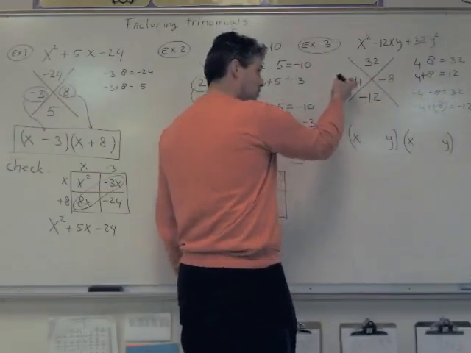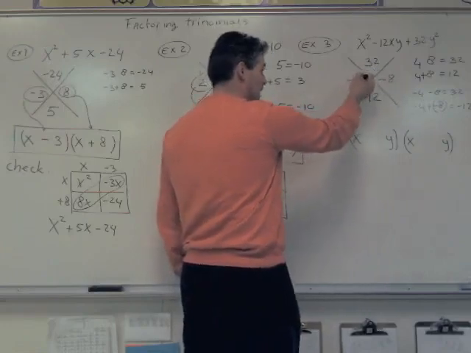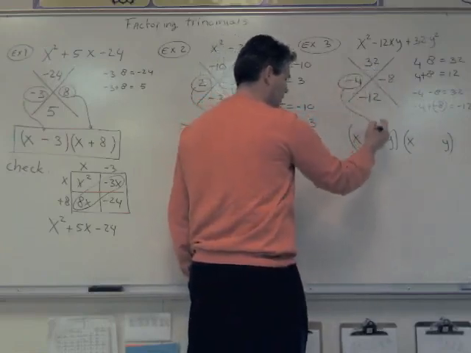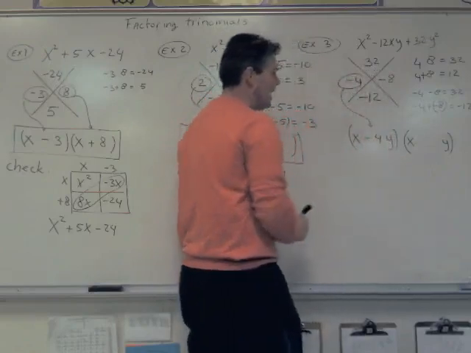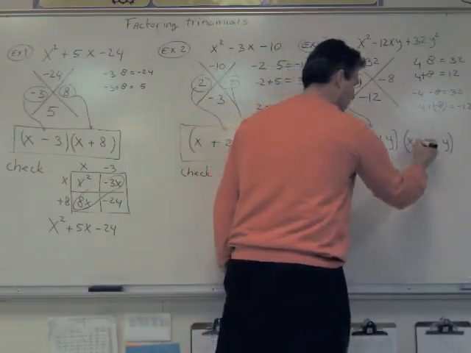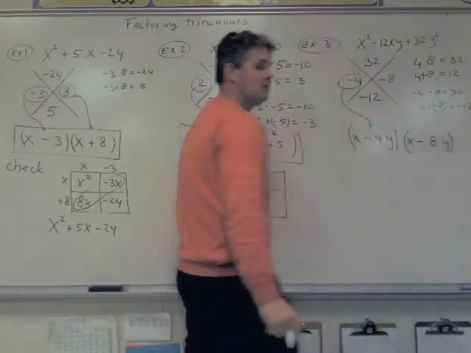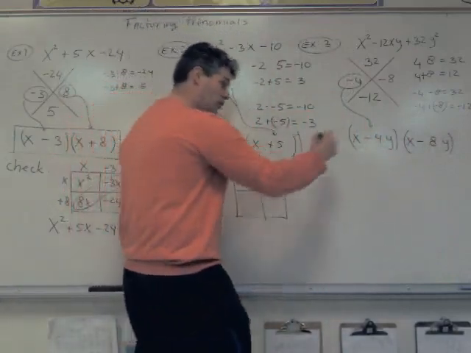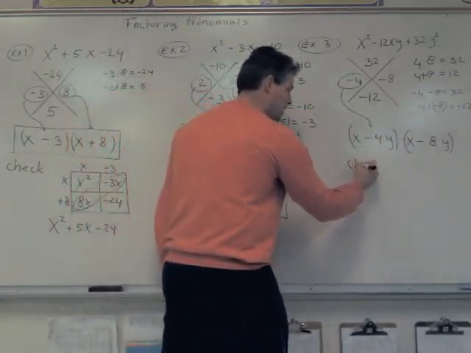Now, it's just adding these numbers in. So the negative 4 goes over here, so minus 4y, and the negative 8 goes over there, minus 8y.